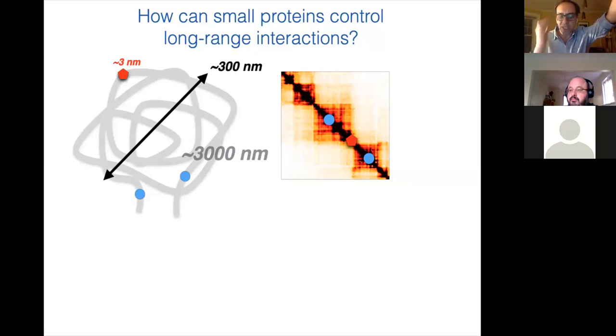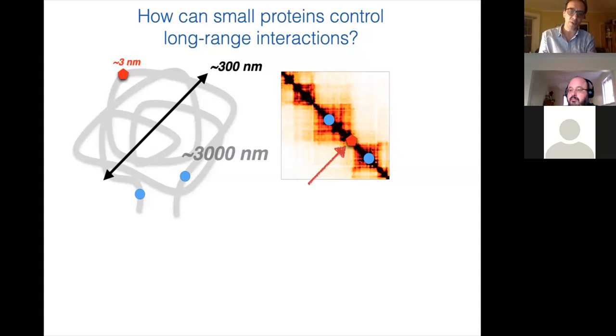This is really puzzling from the polymer physics point of view, because there is a long fiber of polymer, and on this polymer there are two dots, and somehow interactions between these two monomers are controlled by a third one located hundreds of nanometers away. The presence or absence of this protein determines how frequently the other two interact. It's not clear how such long interactions, such spooky action at a distance within the nucleus, can work.